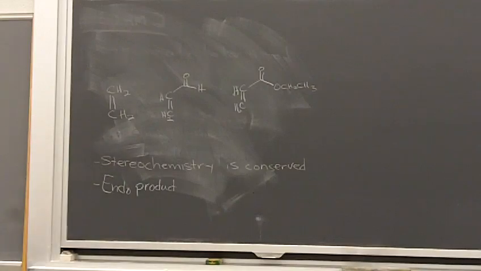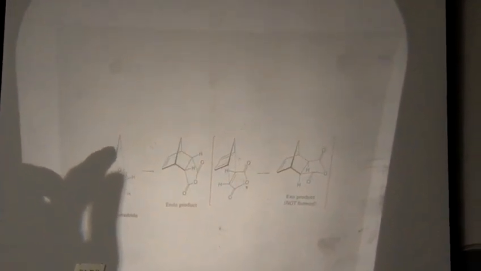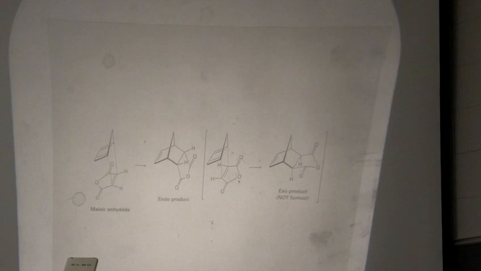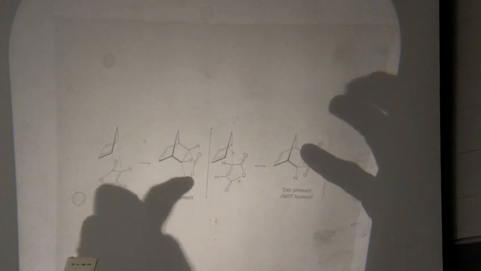So what that means, if your diene and dienophile are lined up together, we've got good orbital overlap of our diene and our dienophile coming together, then the product that is formed directly from that is the endo product, okay? So these two coming together, then we would make our endo product.